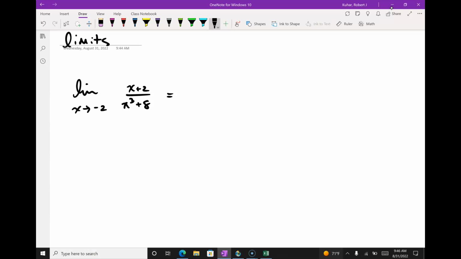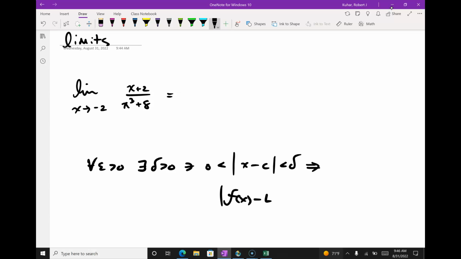What about this definition that says I can replace this function with a new function? What is my value of c here that's giving me an issue?